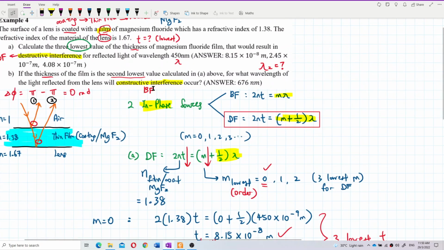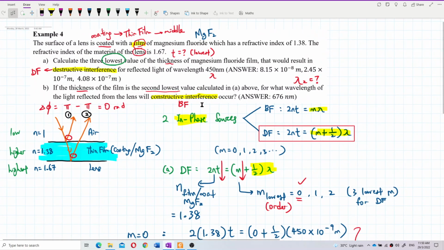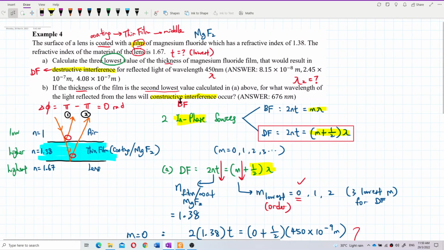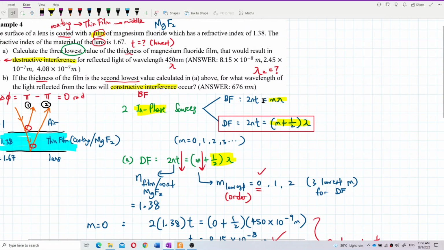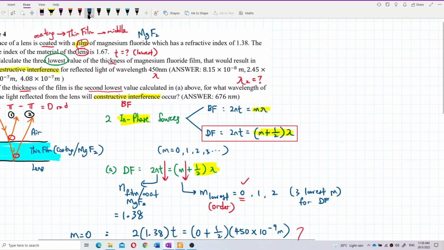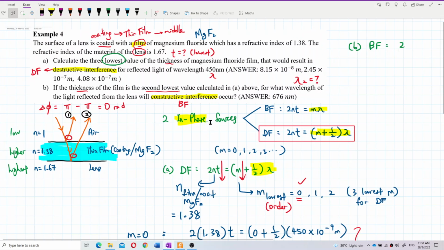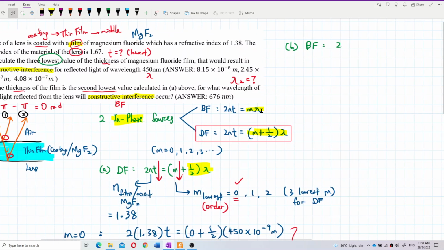So we're going to use the bright fringe formula for question B, because it's two in-phase sources, so the bright fringe uses m lambda.